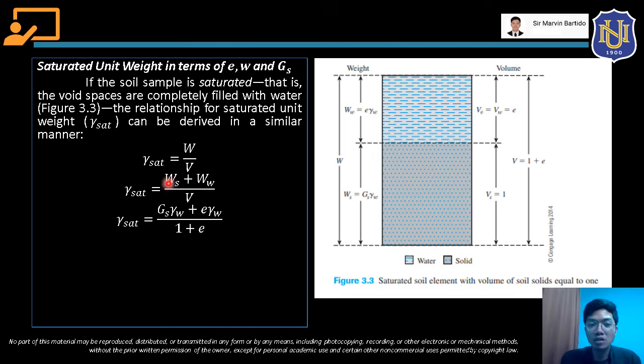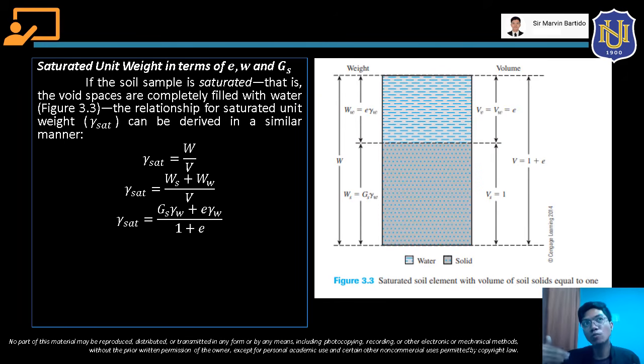And then yung W sub S natin, ito yung equivalent niya, 'di ba, from the derived equations kanina. So yung weight ng soil solid class, that is G sub S times gamma ng water. And then ito naman yung weight ng water class. So pwede natin to kunin from yung gamma water equal siya sa weight ng water over volume ng water.